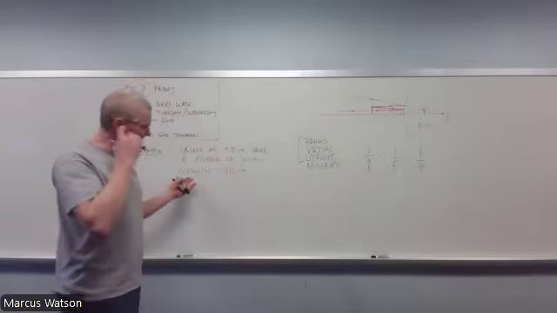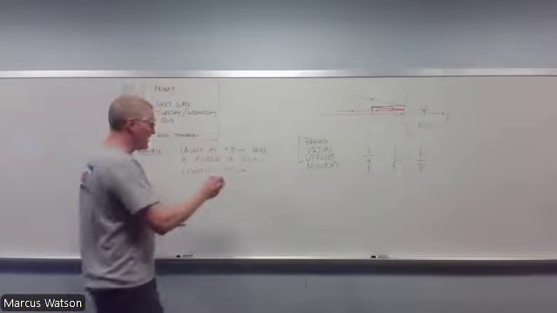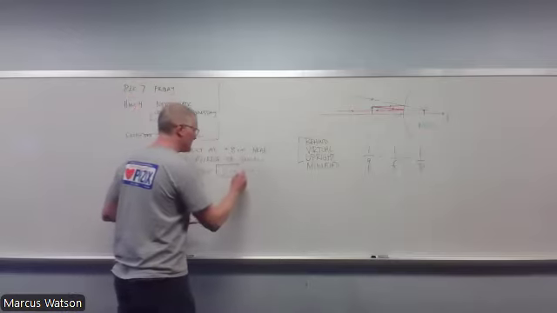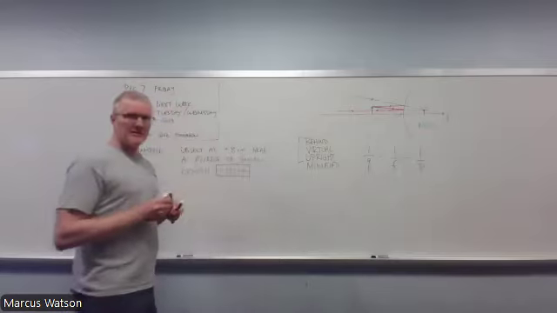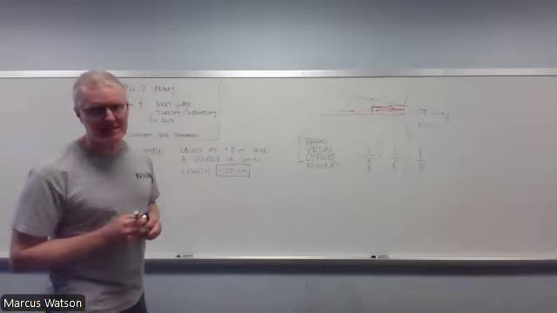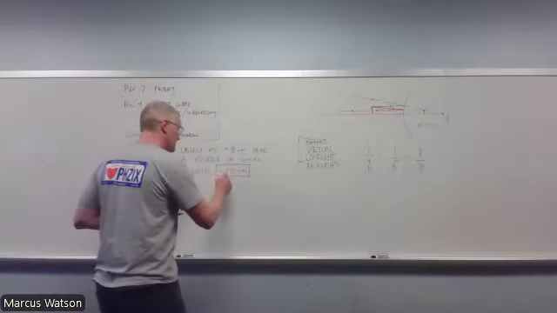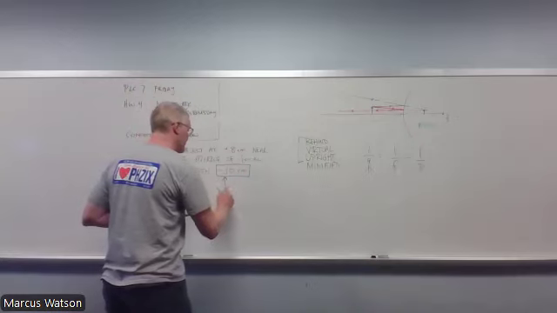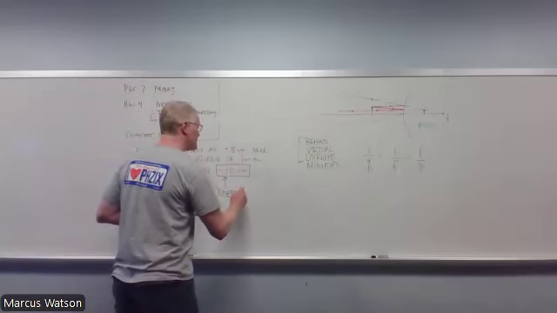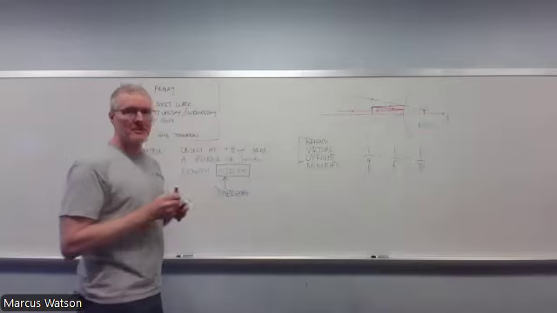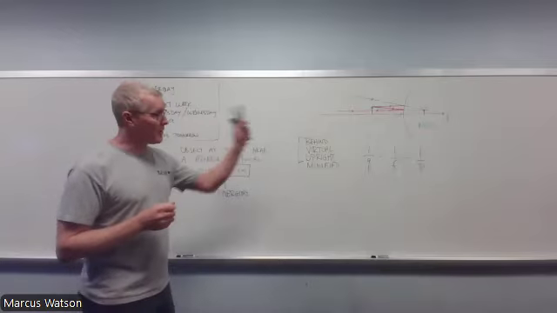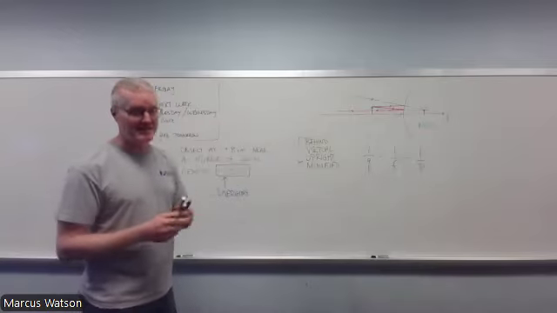I see in the problem that it is stated as a negative 10 centimeter focal length. That means this is diverging. I do need to keep that sign when I go into plugging in here.